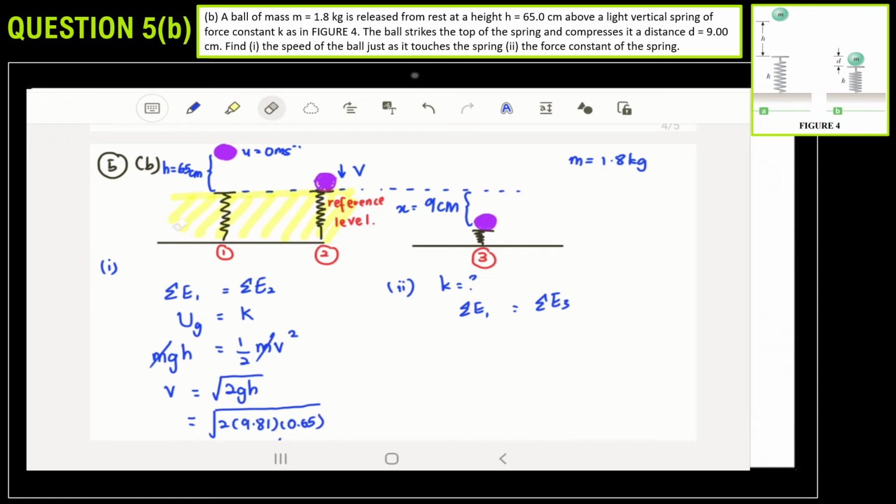You can see here. Ini saya padam dulu. I'm going to draw my reference level here, seolah-olah bawah ini tiada. So now this is my reference level.